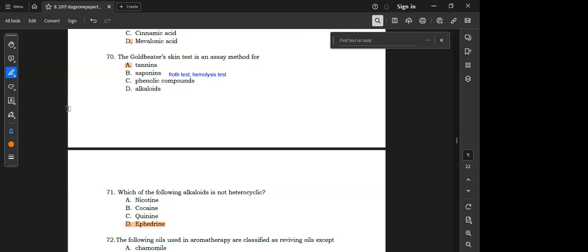When we're talking about alkaloids, based on the chemical structure, they have nitrogen in a heterocyclic ring. Those are what we refer to as the true alkaloids. Then there are the pseudo-alkaloids.